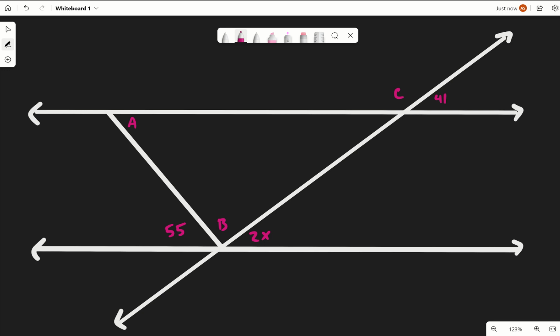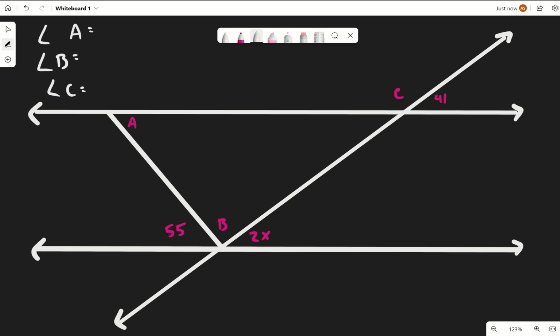Given all this information up here, can we find our missing values for angle A, angle B, and angle C? Can we find our missing values?